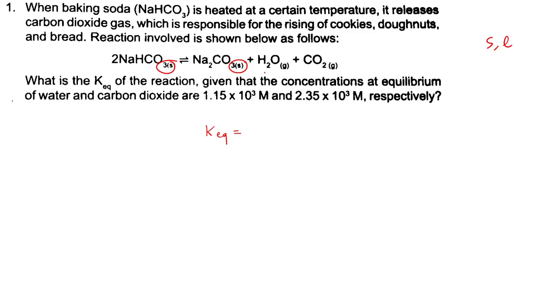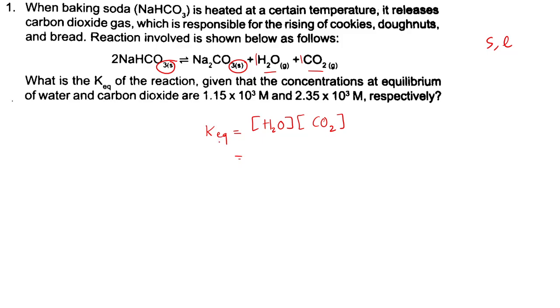So we're only going to use the products, and products are in the numerator. So we have H2O raised to the power of 1 because the coefficient here is 1, times the concentration of CO2, another product, raised to the power of 1. It's supposed to be over the molar concentration of the reactant, but here our reactant is solid, and again solids are not included in the expression.